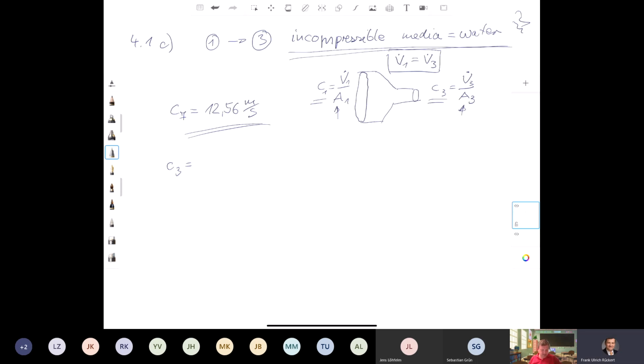D7 was 0.1 meters. So A7 is, look, A7 is pi D7 squared divided by 4.